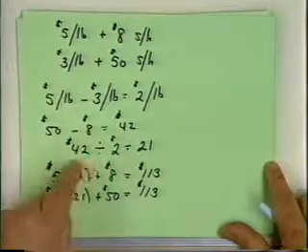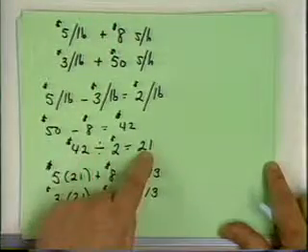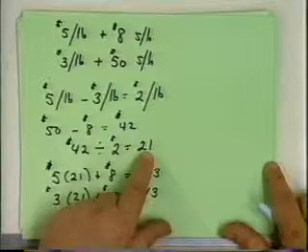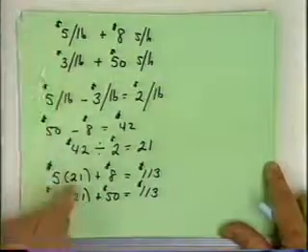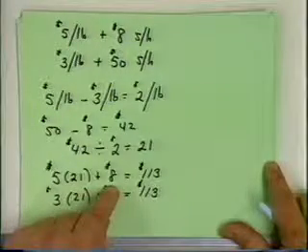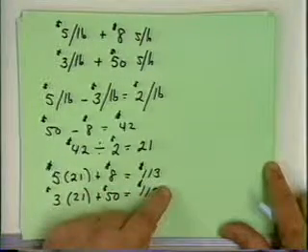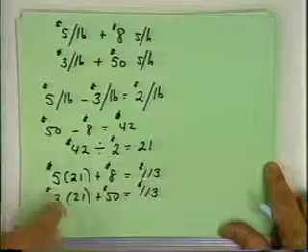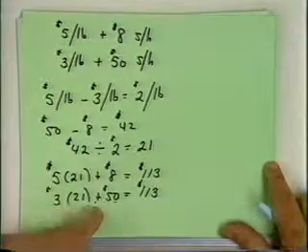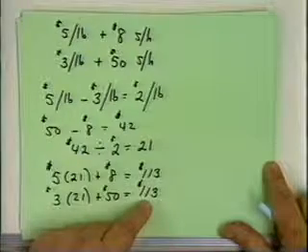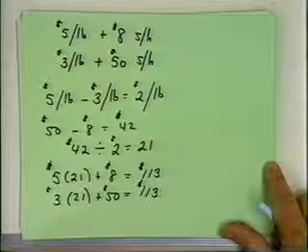At $2 a pound, to make up $42, you're going to have to buy 21 pounds. Let's check this out. At 21 pounds at $5 a pound, that's $105, plus the $8 for shipping and handling is $113. At 21 pounds at $3 a pound would be $63, plus the $50 for shipping and handling would also be $113.